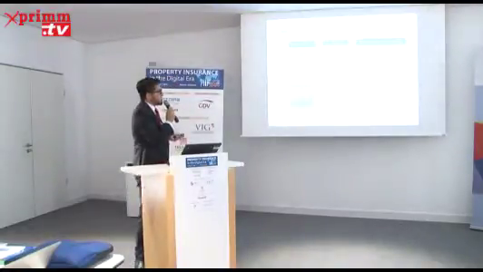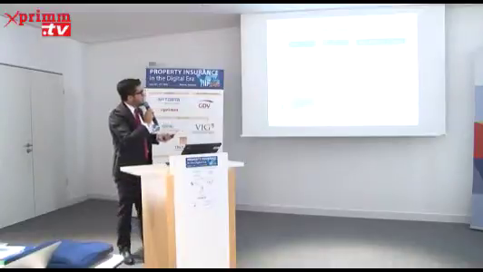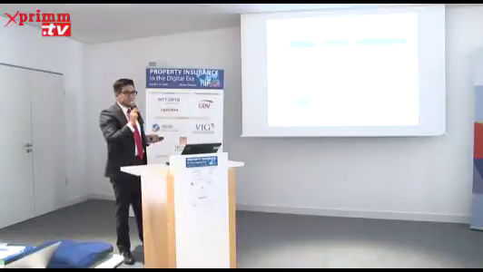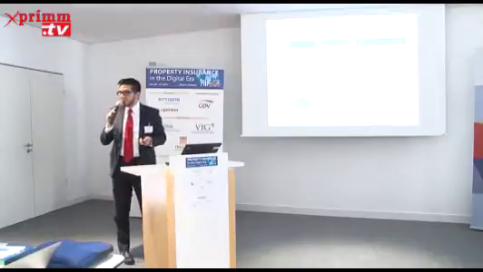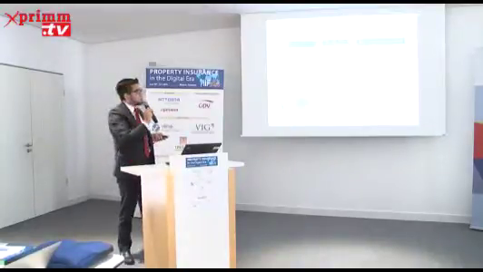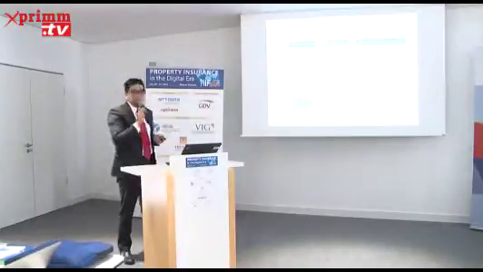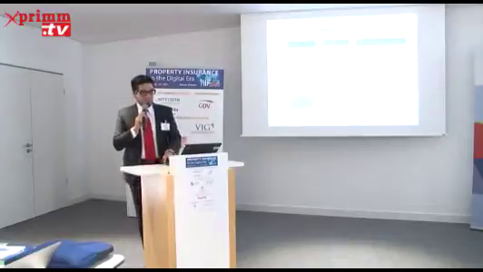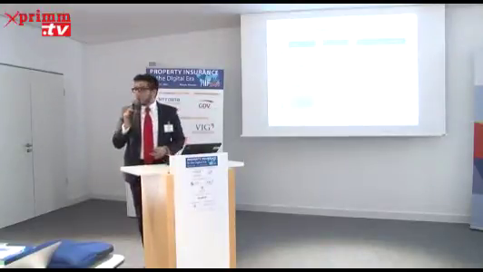Now, how do we close the protection gap? As I said, there are many different levels of risk. Some is with the government, some is with businesses, some is with individuals, and there are different risk transfer solutions. If we're thinking about the macro level for governments, there are solutions to transfer risk that go directly in that direction.